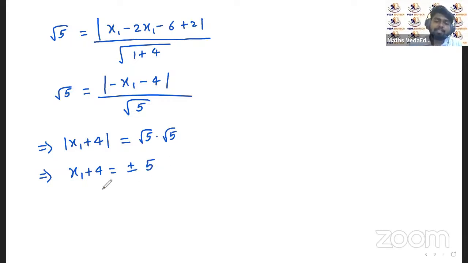Now again, two conditions are there. One is x1 plus 4 equal to plus 5. Another one is x1 plus 4 equal to minus 5. So when we take plus 5, we'll get x1 equal to plus 1.